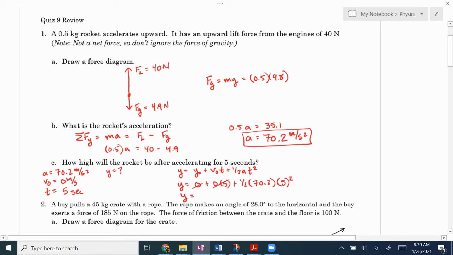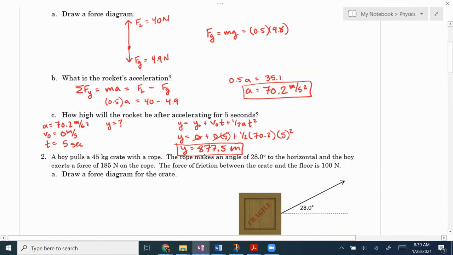Zero times 5 is, of course, 0. So then we just have to do 0.5 times 70.2 times 5 squared, which is 25. And you get that it will be 877.5 meters up in the air. All right, there we go.